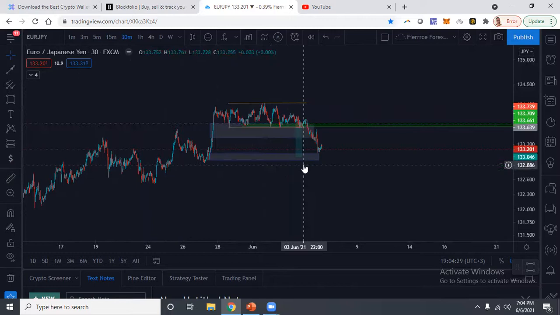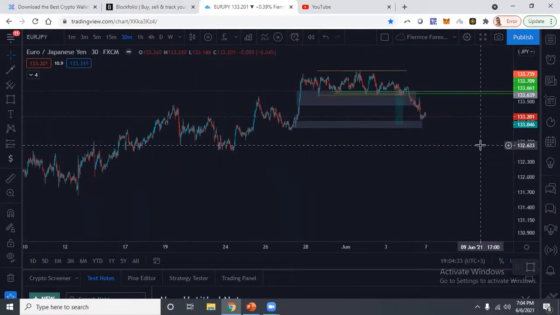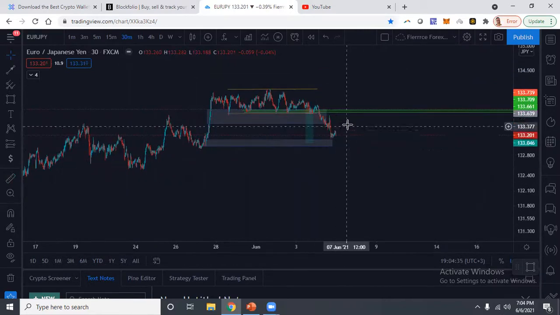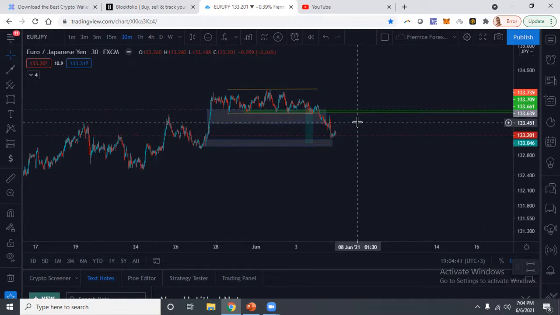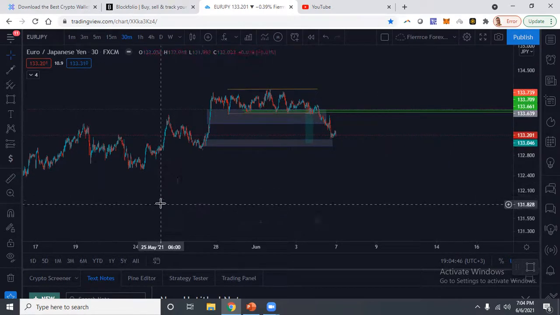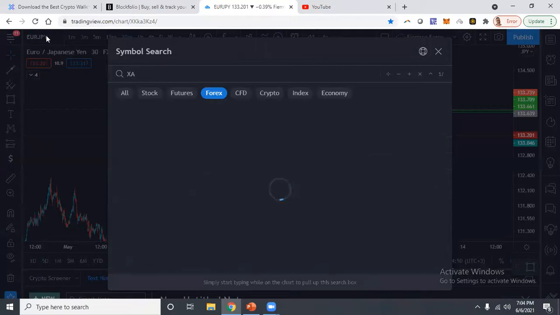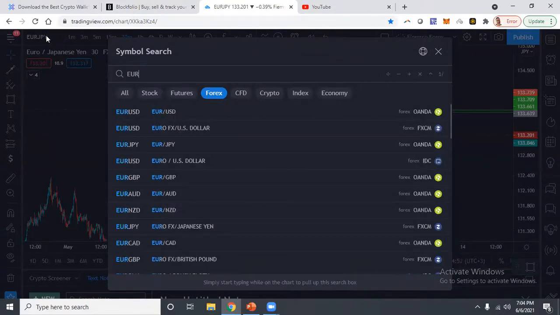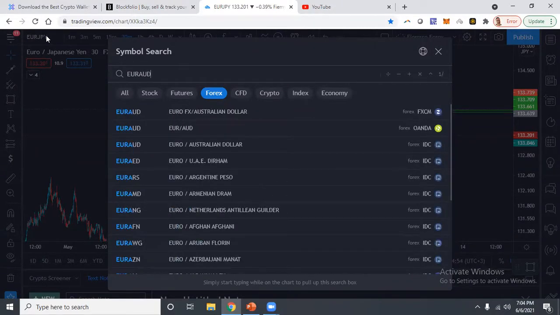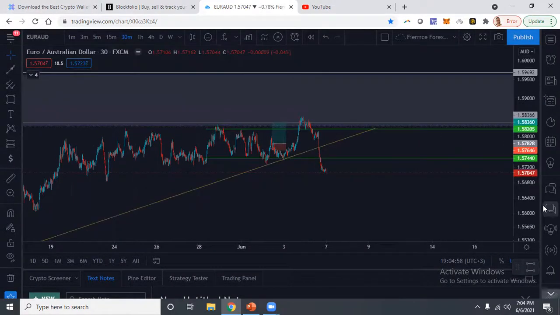And then finally it just broke structure. But yeah, so this will likely push up, okay, retest a previous resistance, come down, and then continue to the upside. So I'm also bullish on Euro JPY. But like I said, Euro JPY is not one of my favorite pairs to trade.